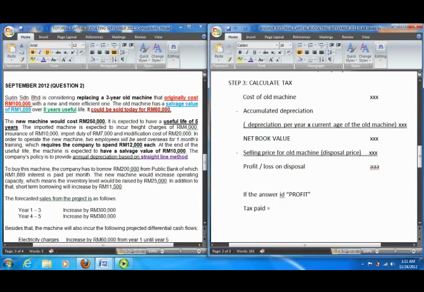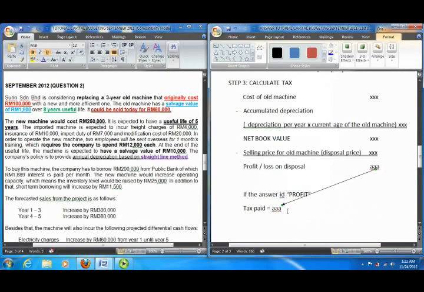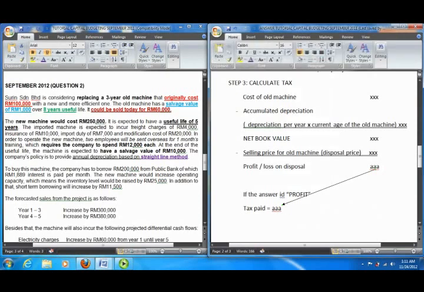So what is the formula of tax paid? The answer that you get from your profit on disposal, you put in the formula, times your tax rate. Question: have we given you the tax rate?